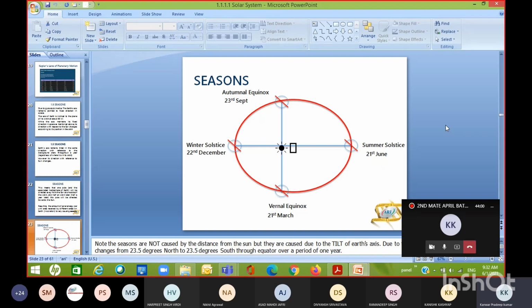Things will be very clear for you. This little hard work you have to do so that you can understand everything better. So there is a time, 21st March and 23rd September, when the sun is moving on the ecliptic. Ecliptic also is an imaginary line when the declination is 0. So I think you have got an idea.